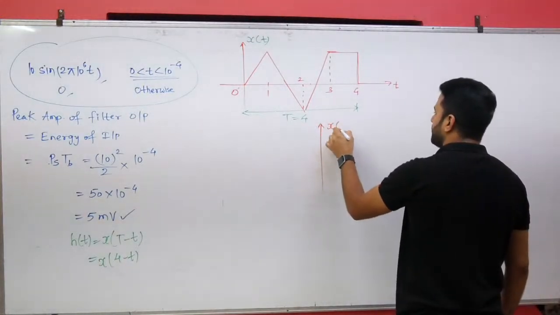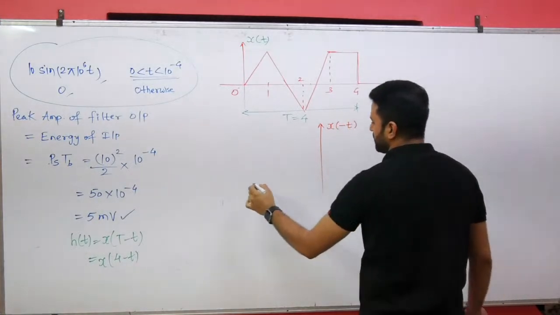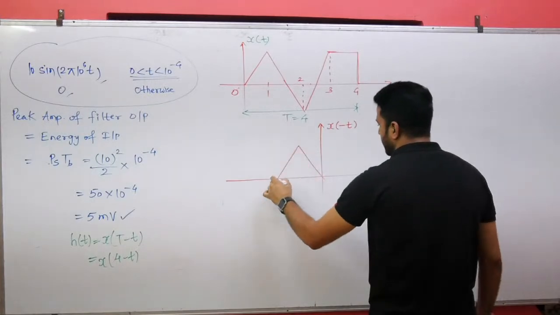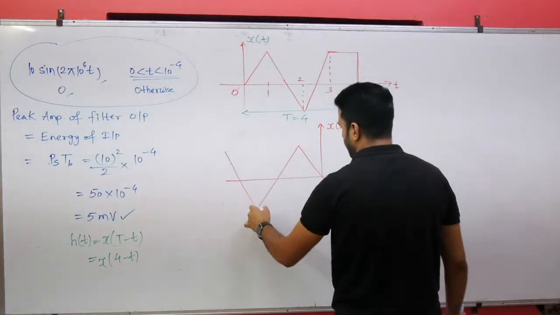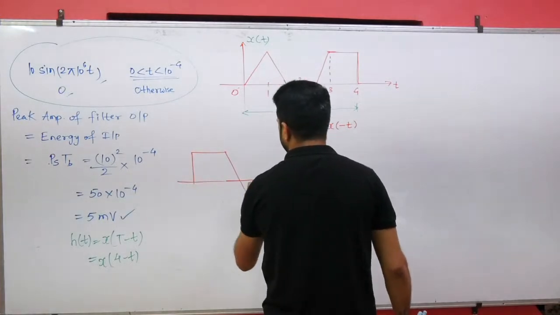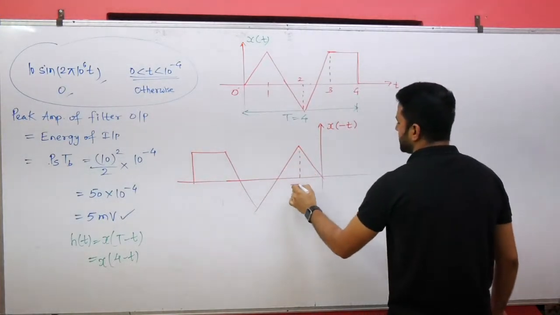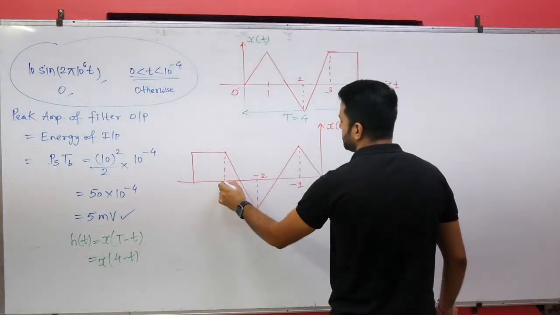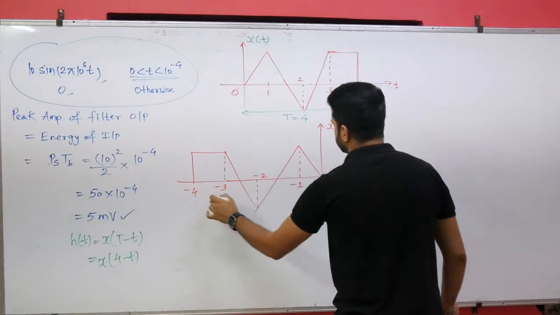If I draw x of minus t, that is the folded version, and it will look like this. This will be at -1, this at -2, this at -3 and -4.